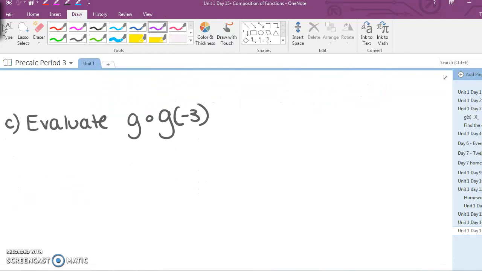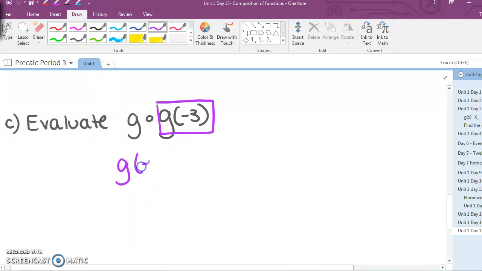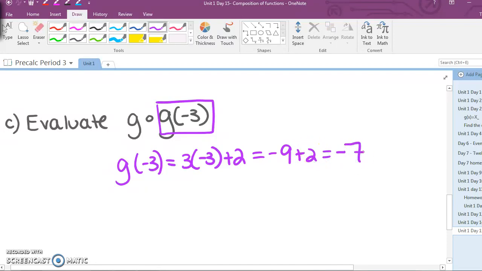This time I have g of g of -3, so I'm going to find g of -3 and then plug it into g again. So g of -3 is 3 times -3 plus 2, which ends up giving me -9 plus 2, which is -7. Now I'm going to plug -7 into the other g.